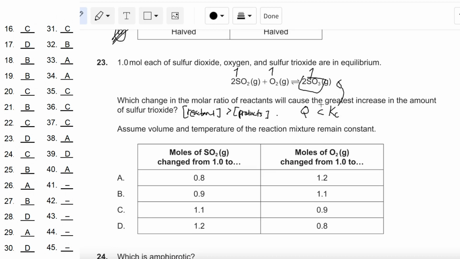Kc is right here, and Q we need to check between A, B, C, and D.